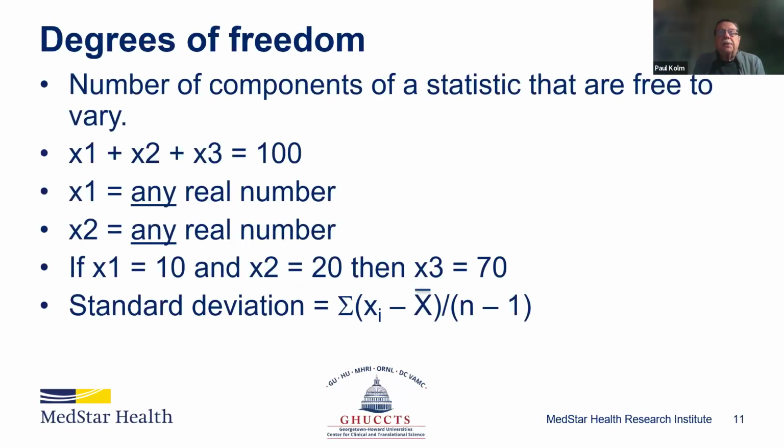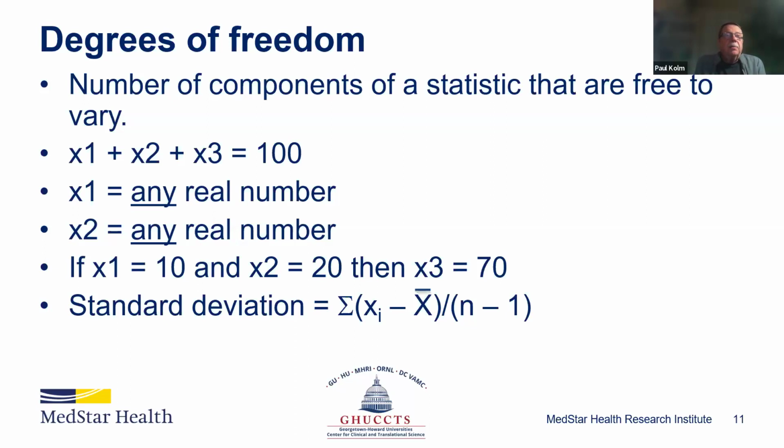So to review what we mean by degrees of freedom that define the sampling distributions: basically, it's the number of components of a statistic that are free to vary. As a simple example, if we have 3 numbers and their sum equals 100, what number can x1 be?